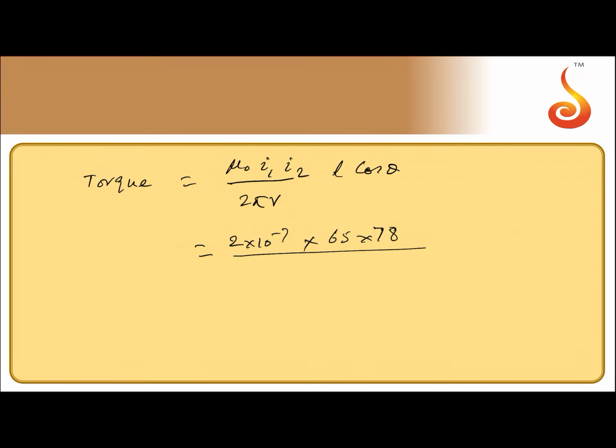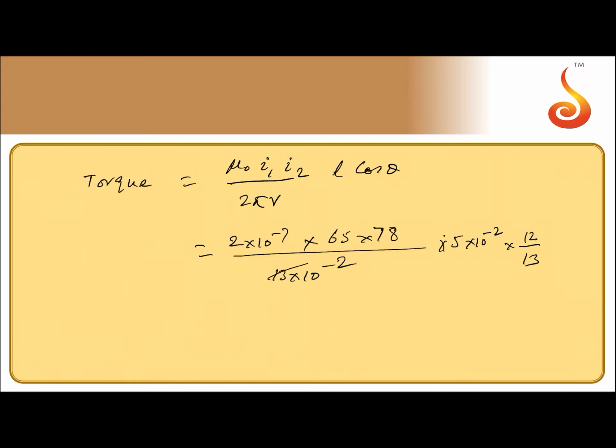This is 13 into 10 to the power minus 2. This is 5 into 10 to the power minus 2, and cos theta means 12 by 13.